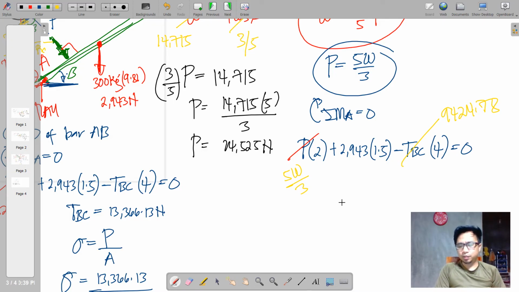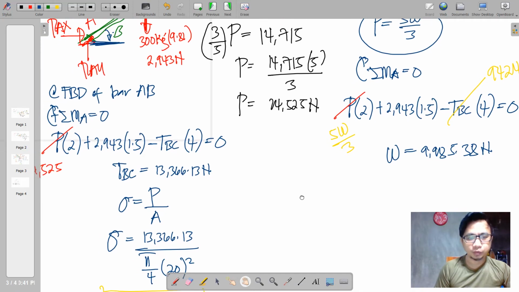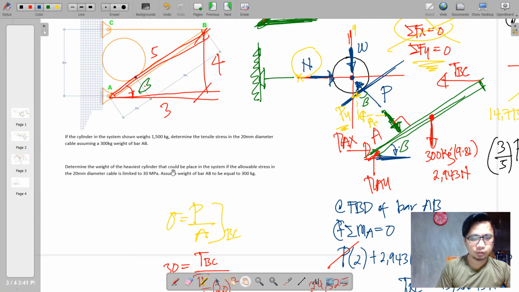So as we can see here, it is very clear that we can right away get our unknown W. So we will have 9,985.38 Newton.